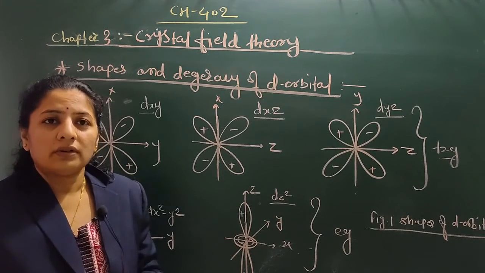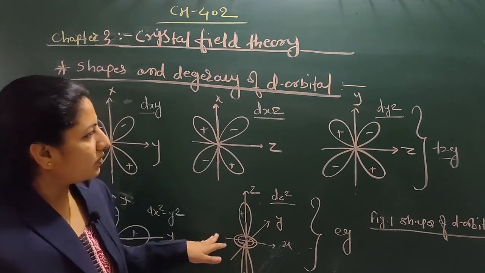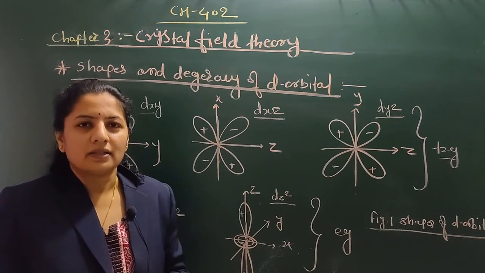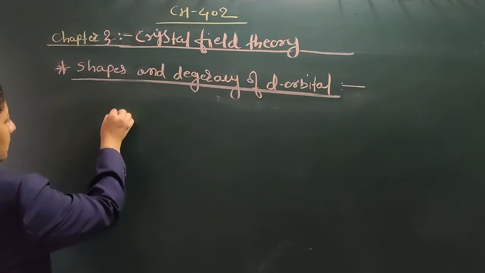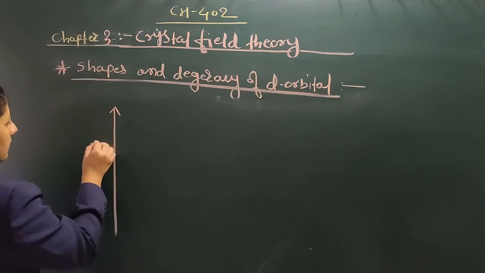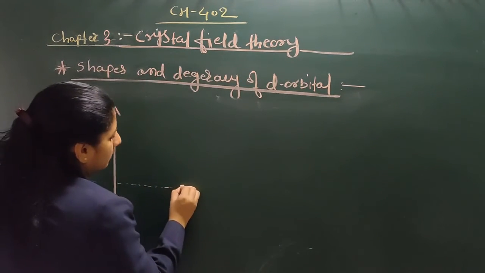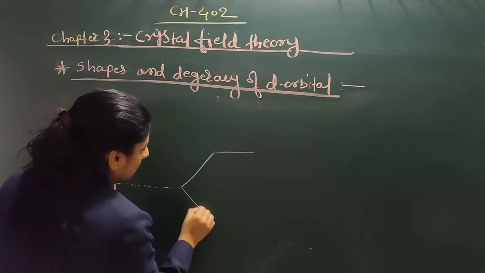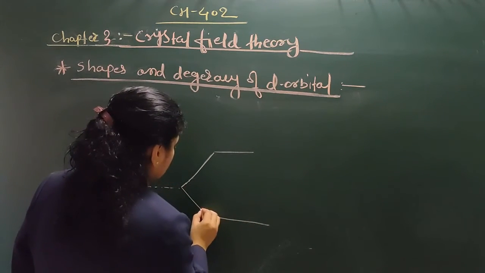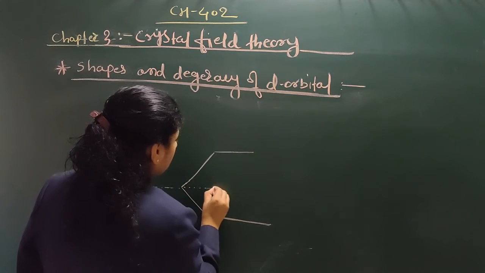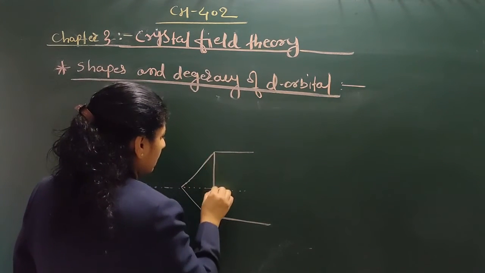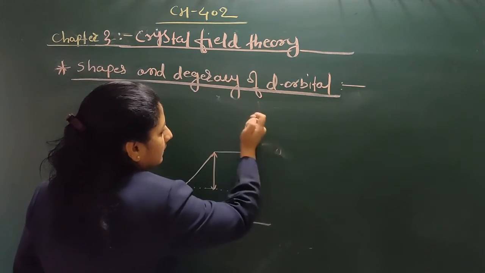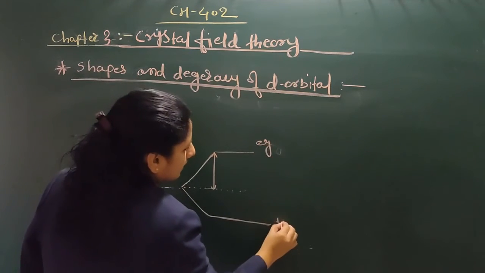Now this d orbital is divided into t2g and eg groups. So what are the energies of these t2g and eg groups? Let's discuss. If you see the energy here, we have to separate these energy levels. This is eg and this is t2g.